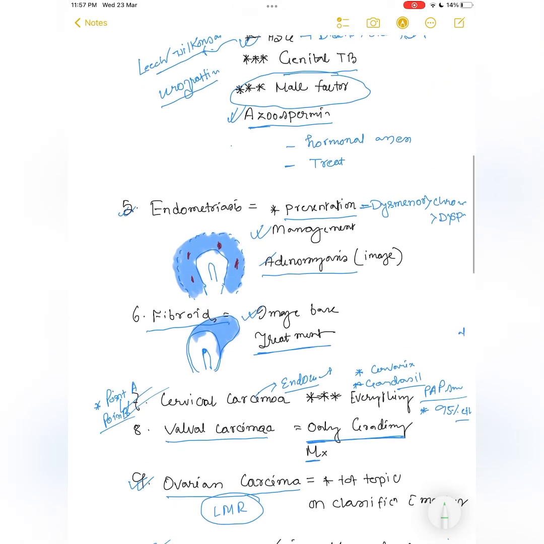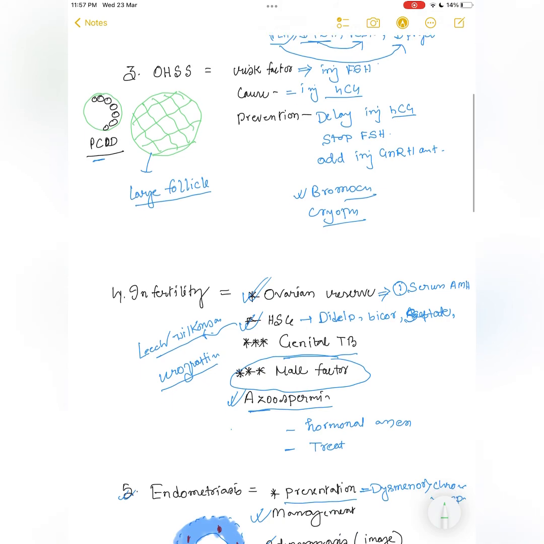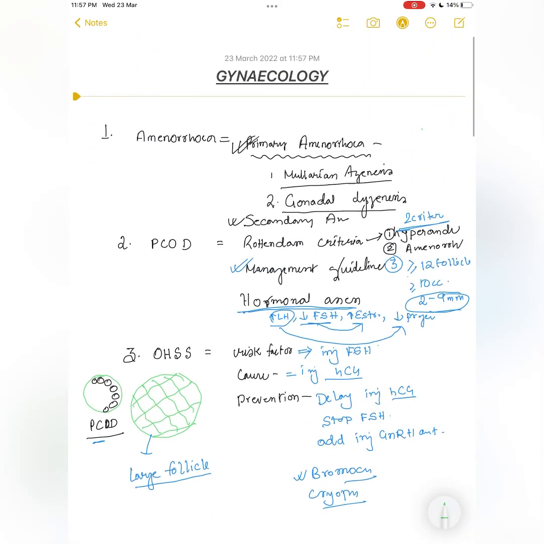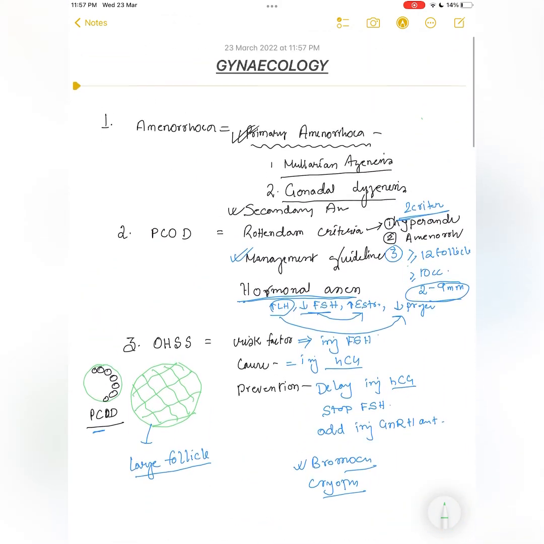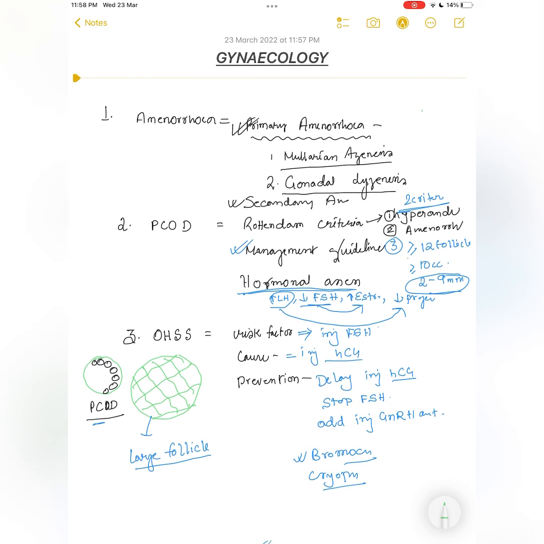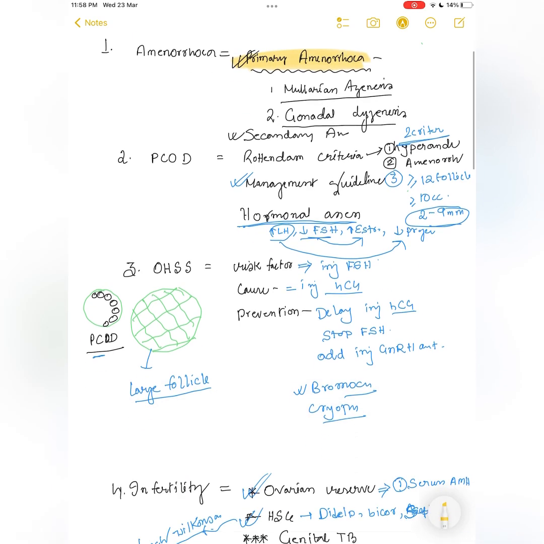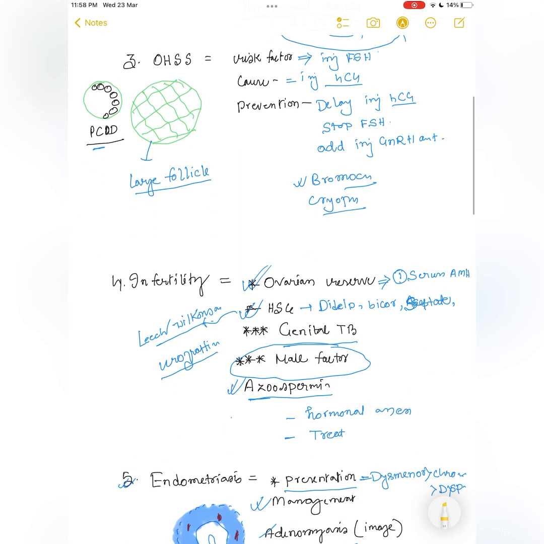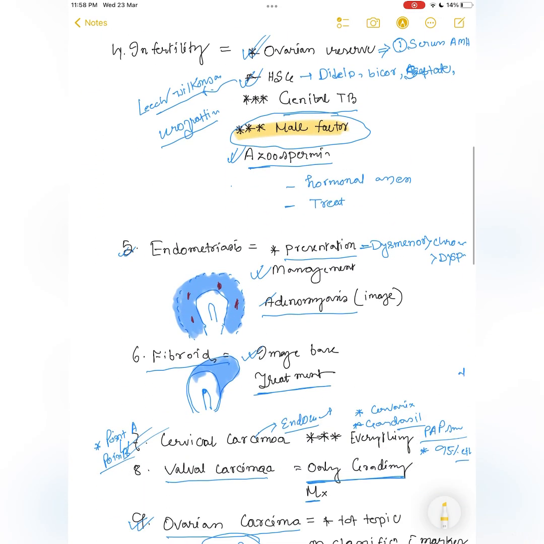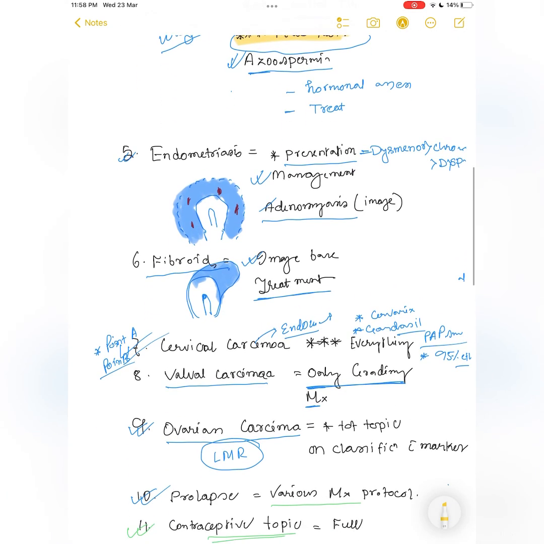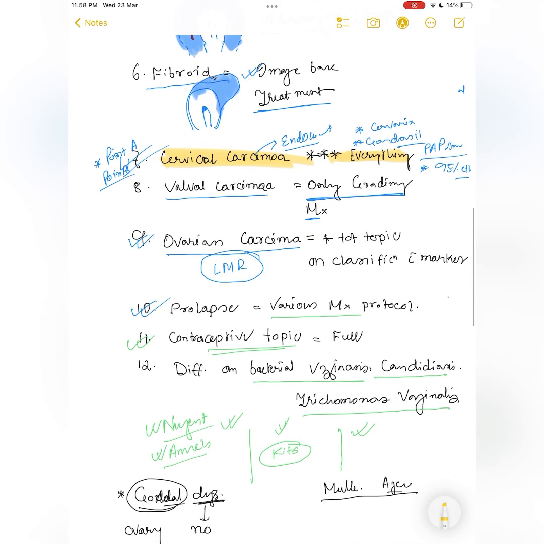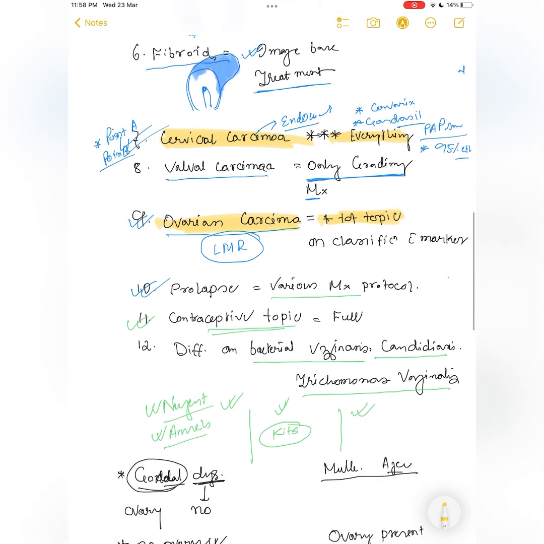I think gynecology is the most important, everything is important, but I have highlighted some of the most important ones that are repeatedly asked, based on the various exams I have given and previous year papers. If you ask me the most important, it is primary amenorrhea, then male factors for infertility, then cervical carcinoma, and obviously ovarian carcinoma, and also the contraceptive topic.